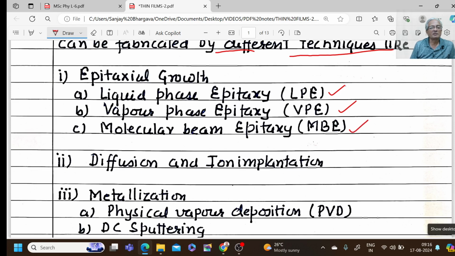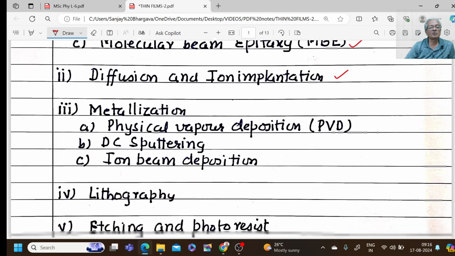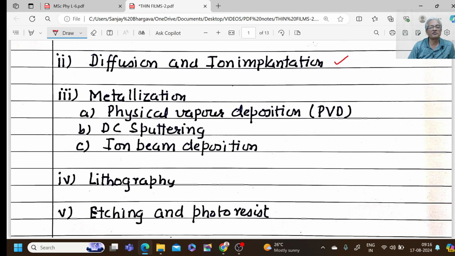We'll here also study the growth process through diffusion and ion implantation. Then we'll talk about metallization through the process of physical vapor deposition, DC sputtering, ion beam deposition. We'll also study lithography, etching and photoresist.